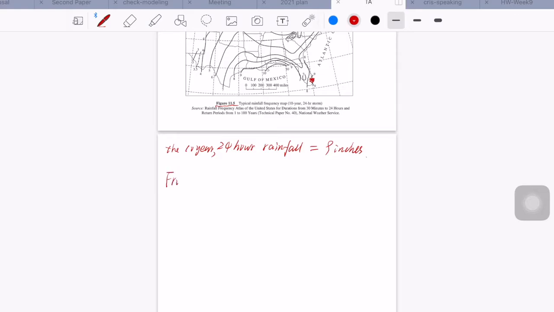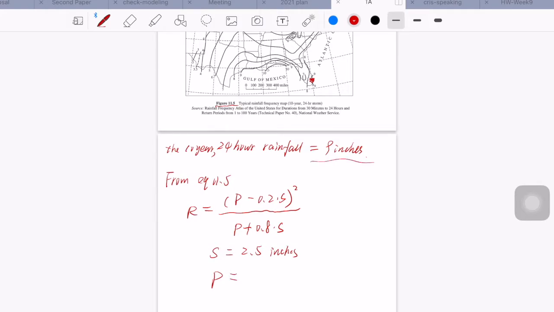And from equation 11.5 in the textbook, we know the runoff depth R should be equal to P minus 0.2 times S to the power of 2 divided by P plus 0.8 times S. And we know S equals 2.5 inches, and the total rainfall depth equals 9 inches.